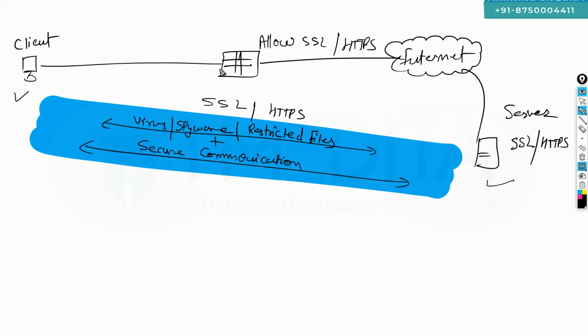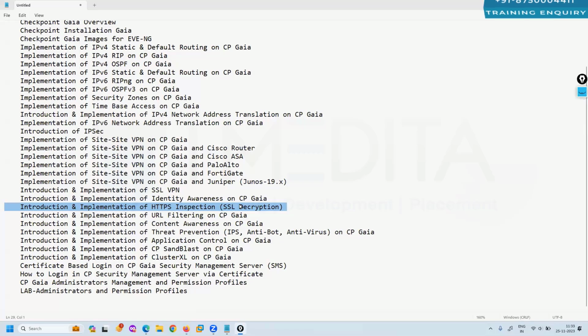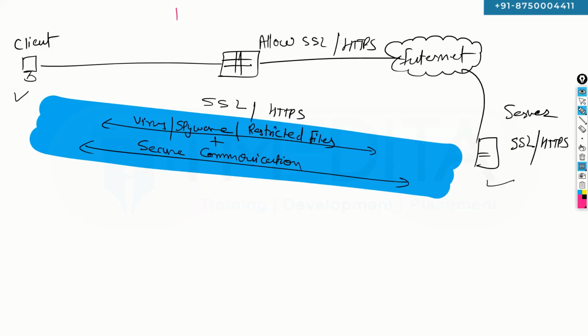Now we want our firewall to be capable of blocking viruses, blocking spyware, and blocking restricted files if they are going under the SSL tunnel. By default, it can't do so.